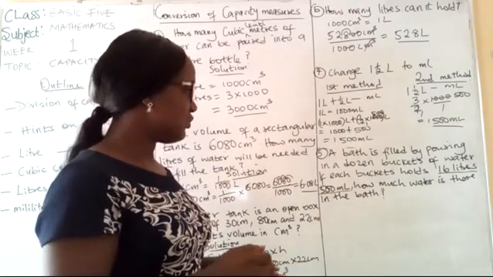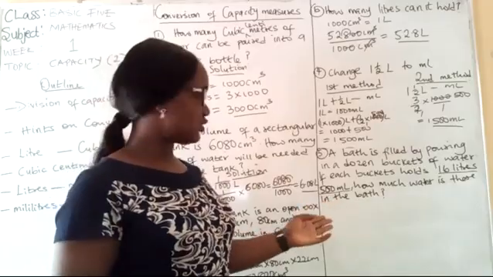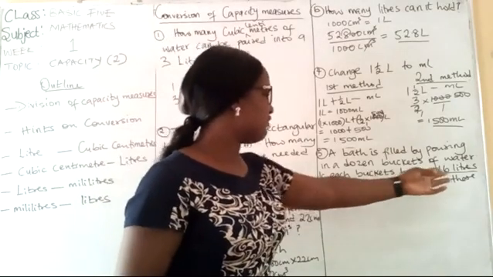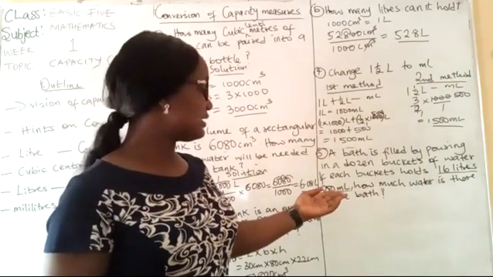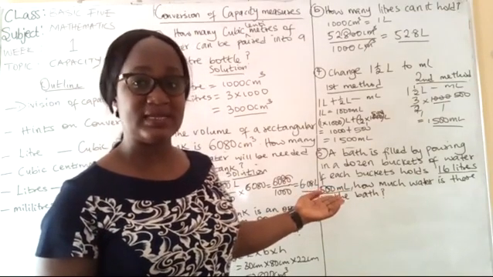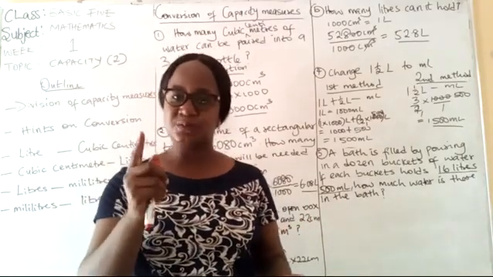Usually we convert the bigger to the smaller. So we are going to convert the 16 liters to milliliters and add to our 500 milliliters, and when you get that, it is the capacity for each bucket.